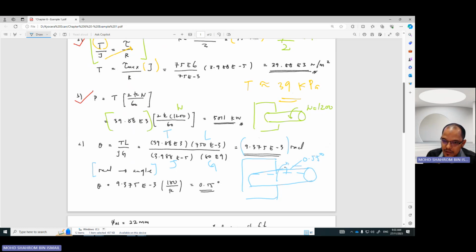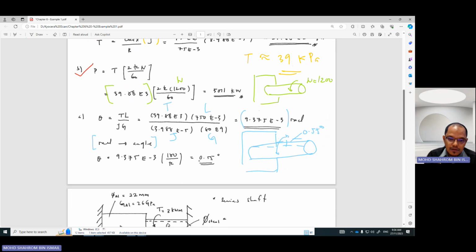Once it has been twisted, then the angle is 0.55 degrees, or 0.55 darjah. Okay, so that is our first question.